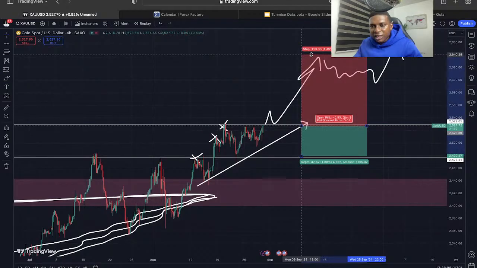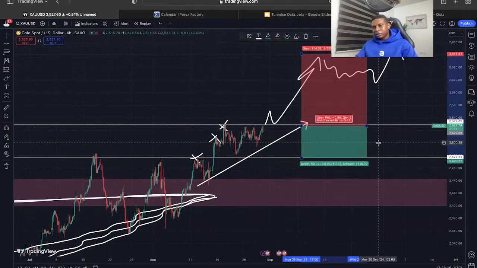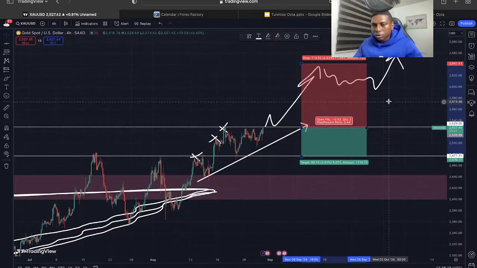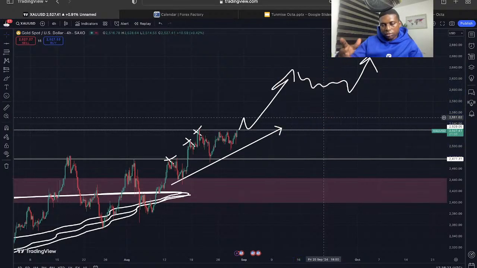If my target level is this, then my stop loss will be here, and this is the next support zone. That's how I set my stop loss. There are different ways to set stop loss, but this is just a typical way of how I set mine.